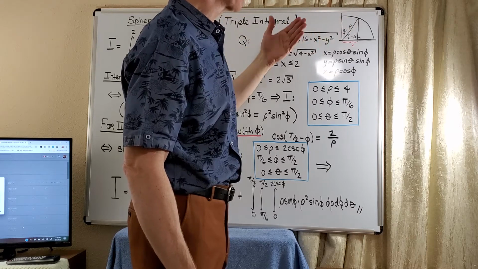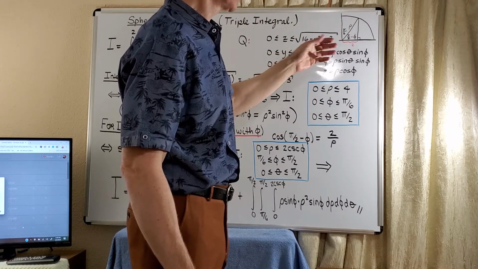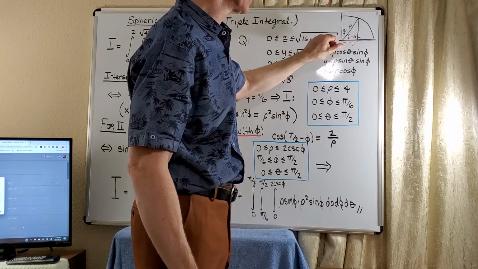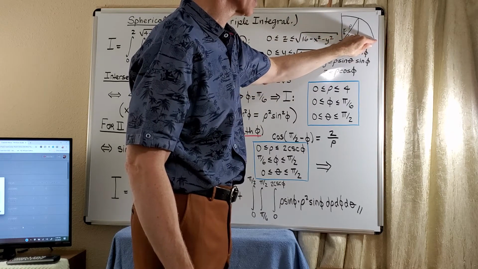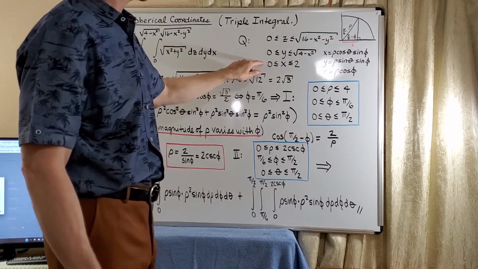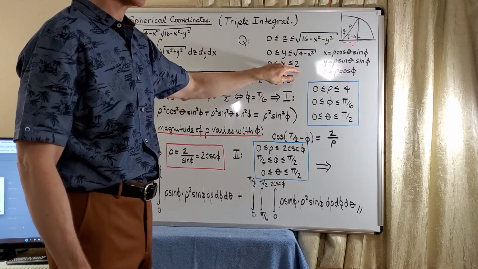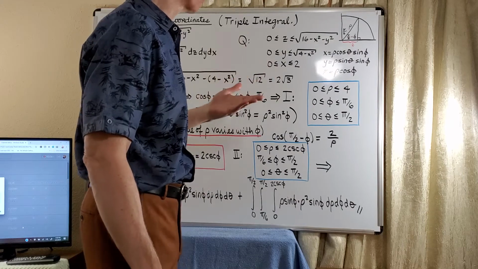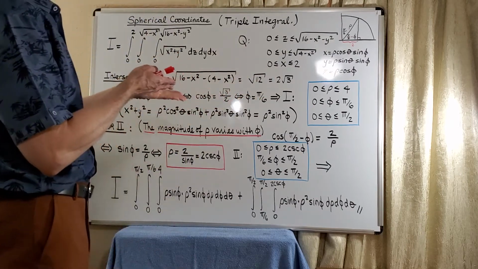That's where the difficulty is, because our region in the plane doesn't extend all the way to 4. It stops here at 2, as you well know, from x equals 0 to 2.